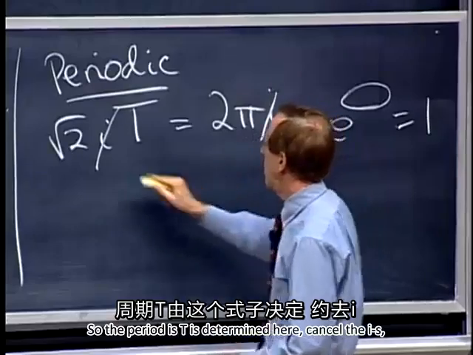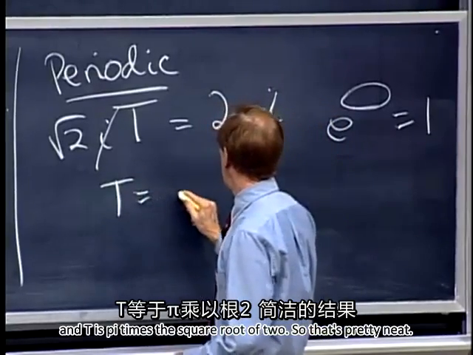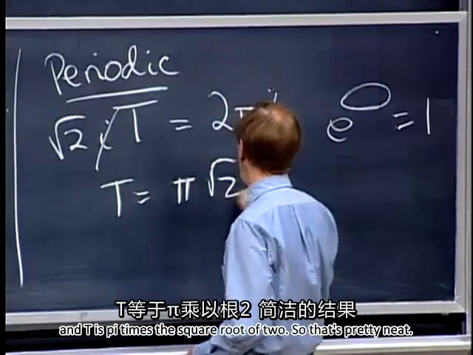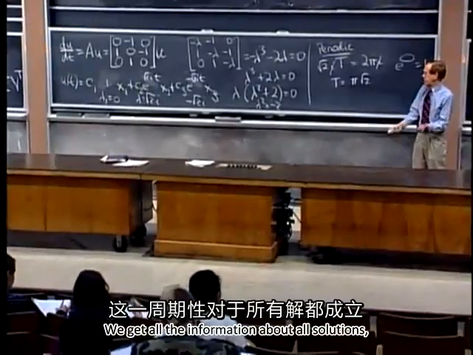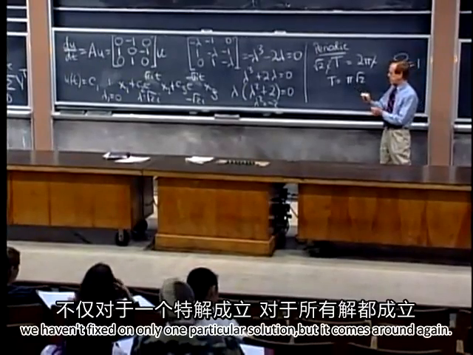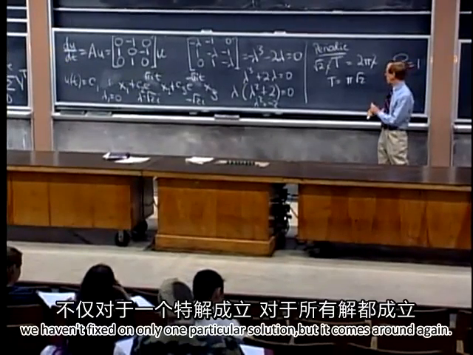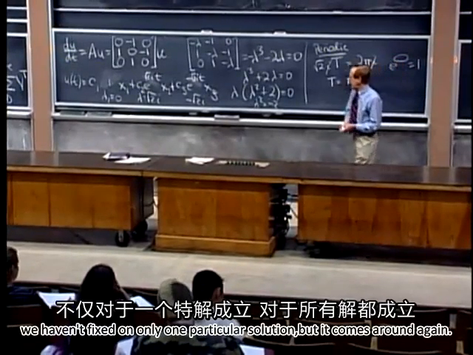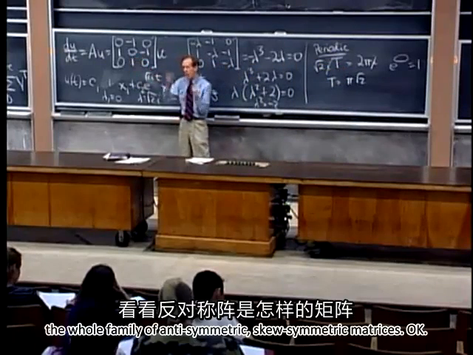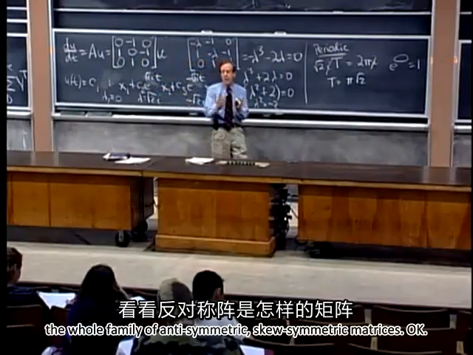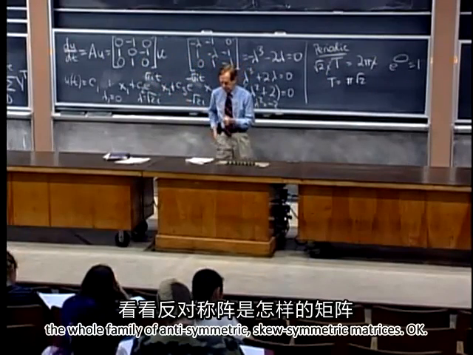Cancel the i's, and T is pi times the square root of 2. So that's pretty neat. We get all the information about all solutions. We haven't fixed on only one particular solution, but it comes around again. So this was probably my first chance to say something about the whole family of anti-symmetric, skew-symmetric matrices.